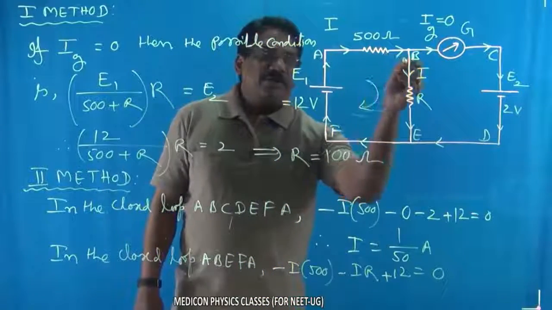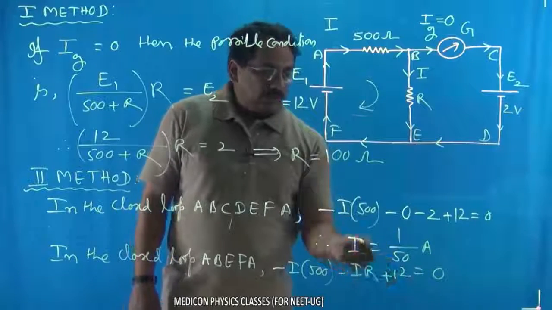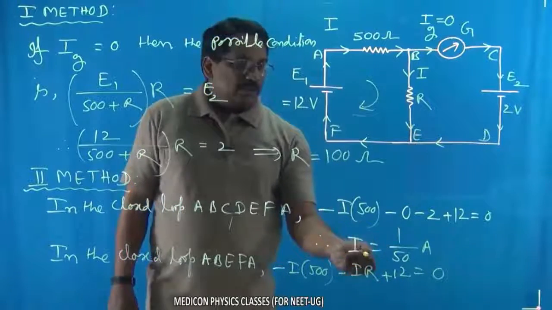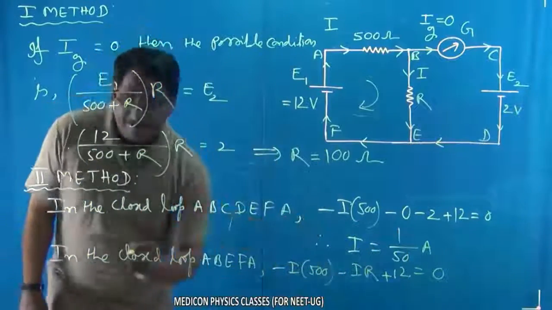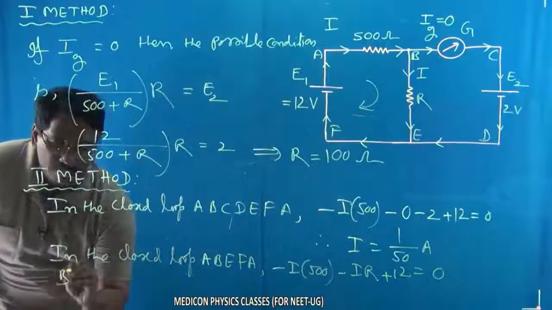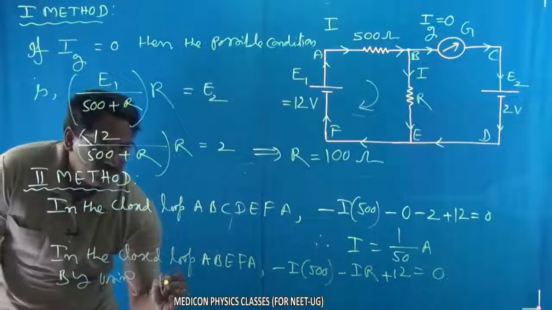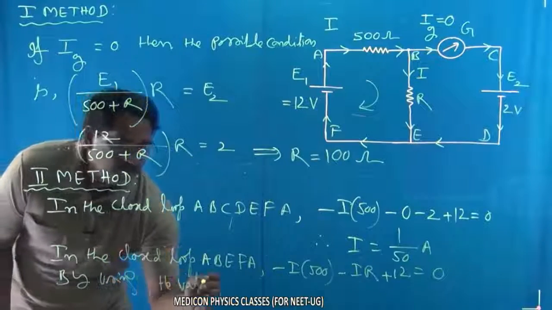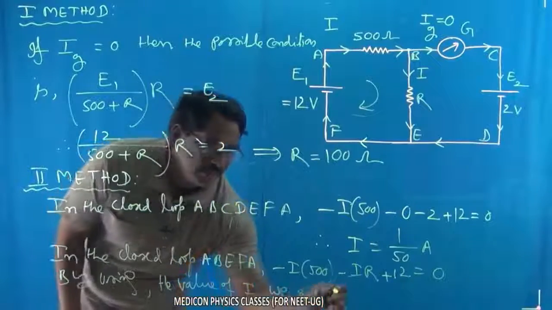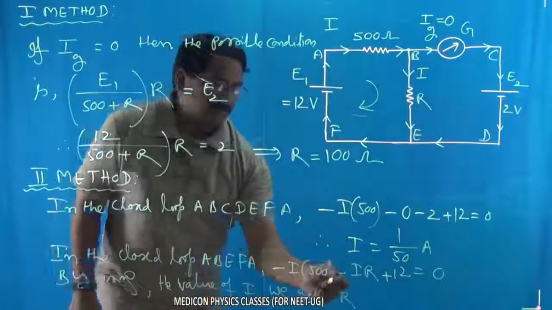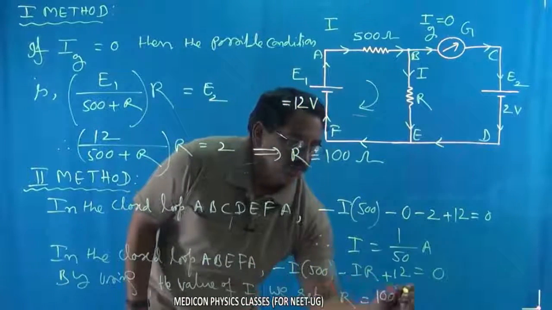Minus I into 500 minus IR plus 12 equal to 0. Now if we substitute the value of I equal to 1 by 50, we get R equal to 100 ohms.